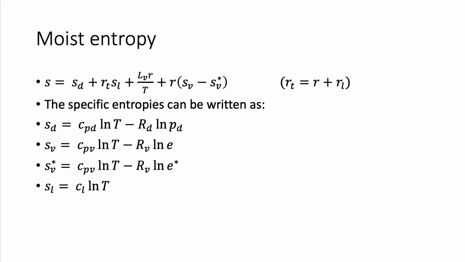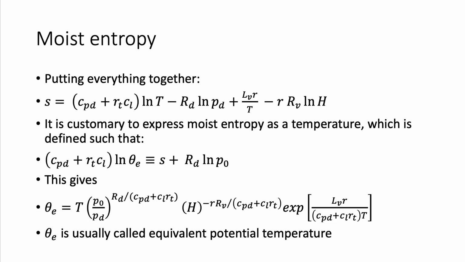And so with some math, finally, you can put everything together, you can use the ideal gas equation, yada, yada, yada. And at the end of the day, you can do some transformation and you end up with this new function, this new variable. This variable is called equivalent potential temperature.